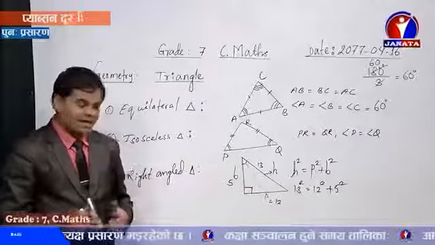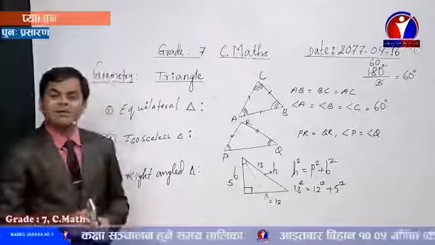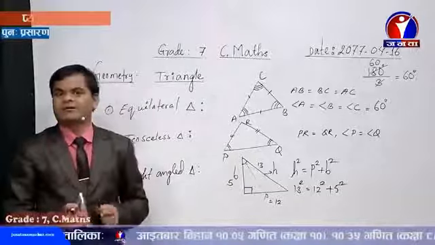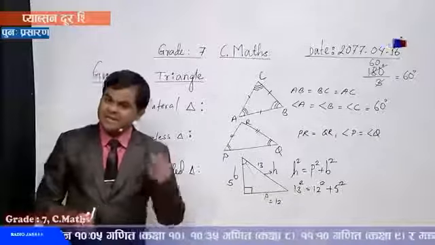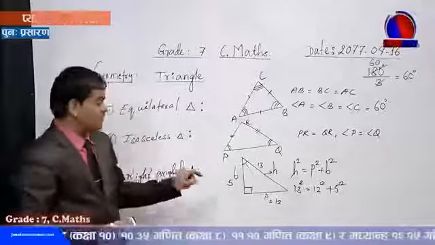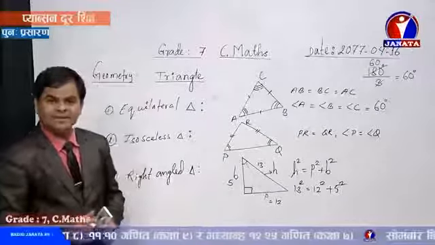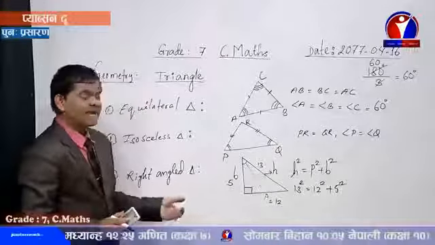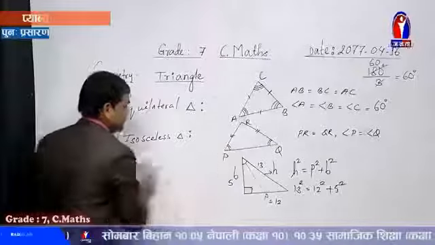That's the property of isosceles triangle. In a right angle triangle, among the three angles, one angle will be 90 degree. We don't care about the other angles. And in case of sides, hypotenuse square always equals the summation of perpendicular square and base square. That means H square equals P square plus B square. That must be known by us in case of these three types of triangle.